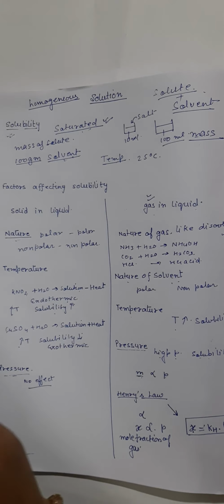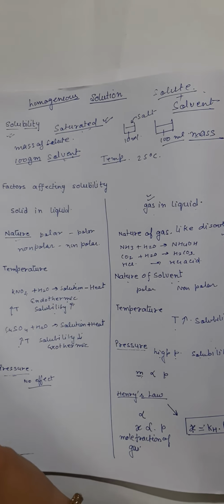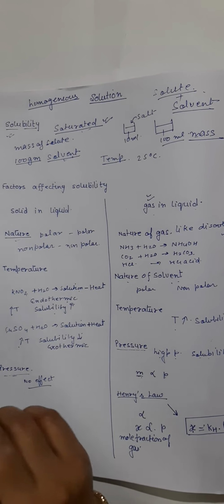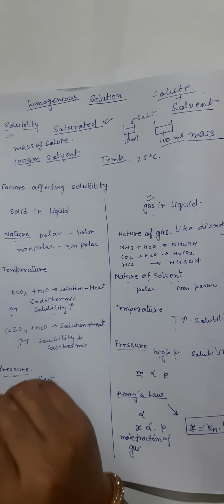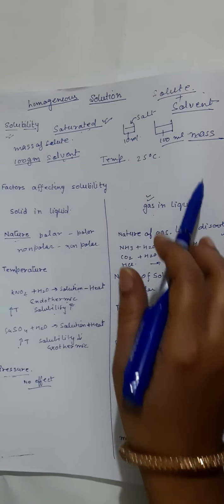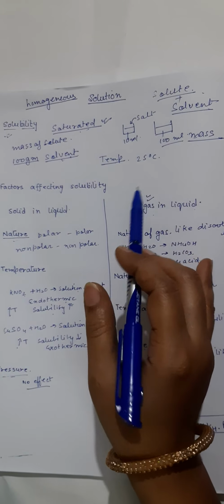Now when we are measuring the ability of a solute, other things need to be standardized. For example, if you are adding a small amount of solute into a large amount of solvent, properties will vary. But if you add the same solute into a very small amount of solvent, the solution will show other properties. So another thing which needs to be standardized is the amount of solvent. For that there are two ways. One is the volume, which may vary, so it will change the properties.